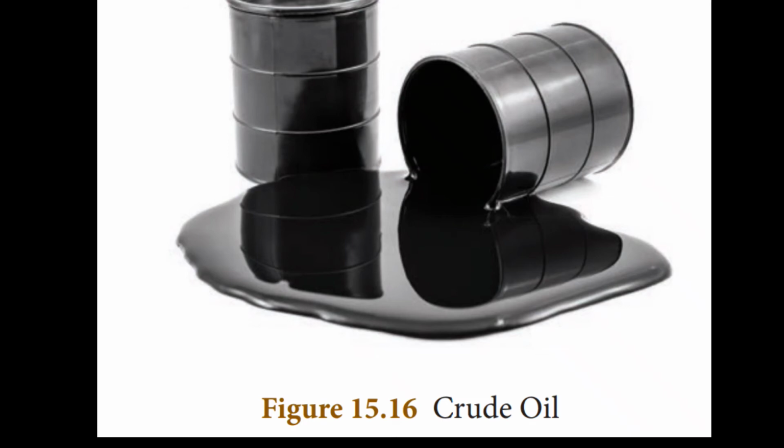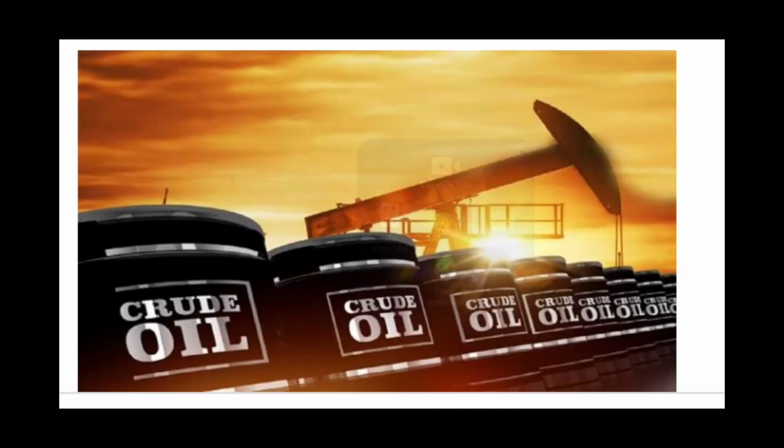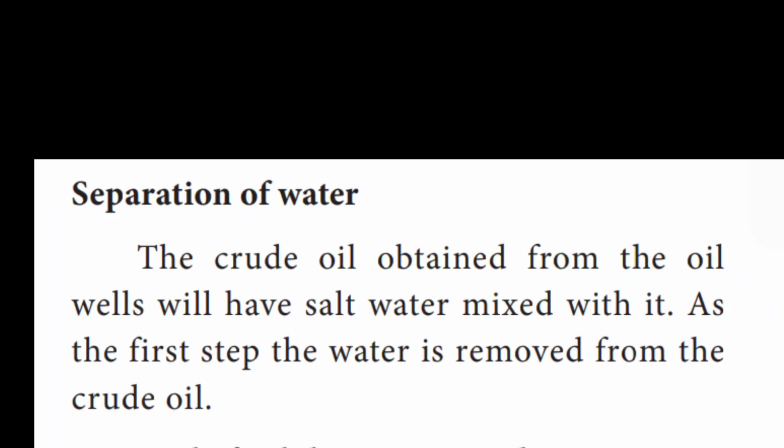Refining consists of three steps: separation of water, removal of sulfur compounds, and then fractional distillation. We will discuss one by one. Separation of water. The crude oil obtained from the oil wells will have salt water mixed with it.